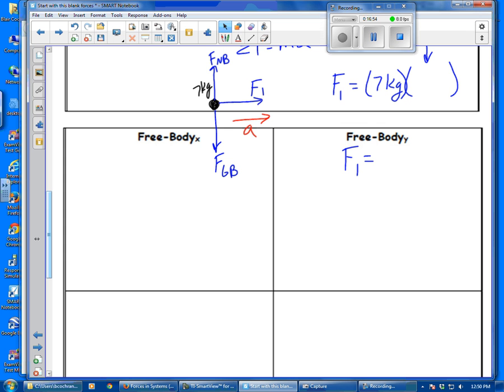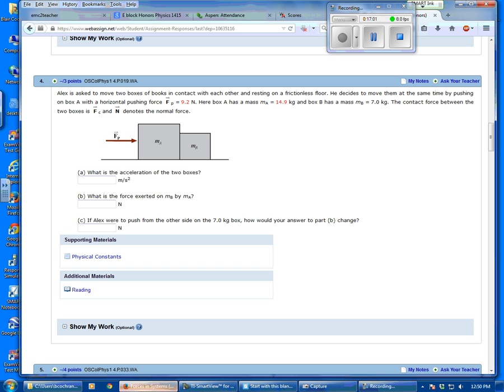Yes? Now, the last part they ask you for, if Alex were to push on the other side of the 7 kilogram box, how would your answer in part B change? Well, the acceleration's not going to change, but the force between them is going to change.